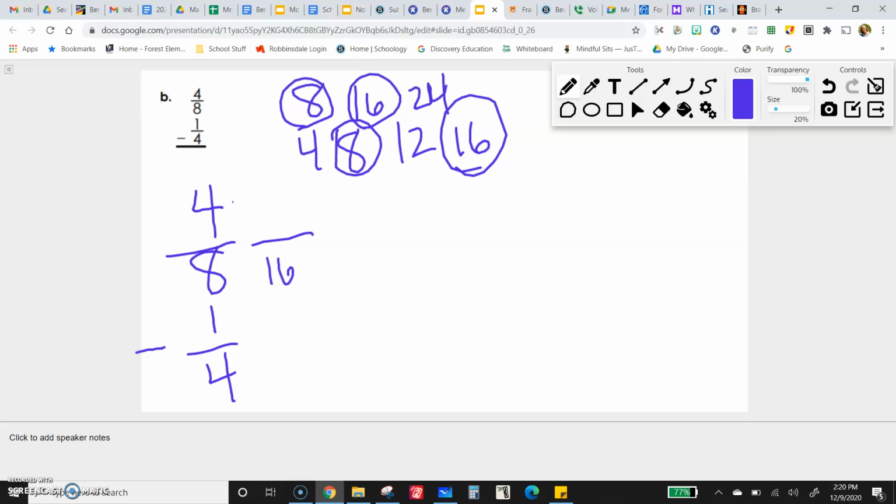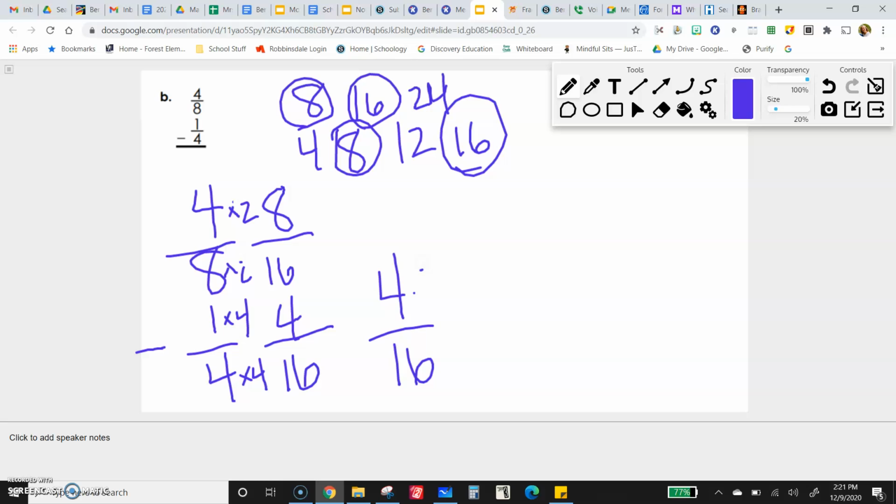So I'll show you though how it's the same. So say I use 16. Well, this is times 2 times 2, so I get 8. This one's times 4 and times 4, so I get 4/16. After I subtract them, 8 minus 4, I get 4. 16 stays the same. I can divide these both by 4, giving me 1/4 as my simplified answer.